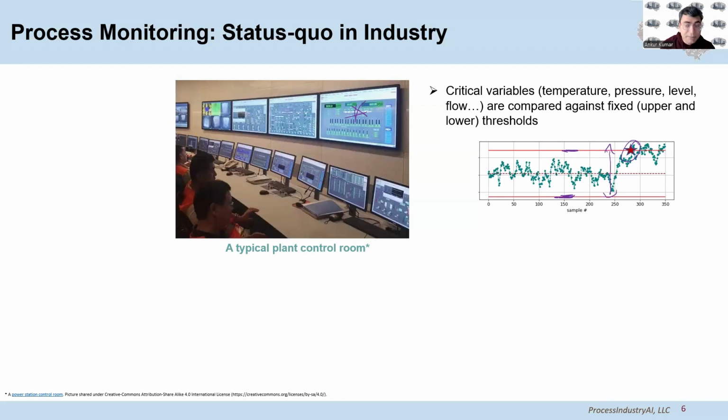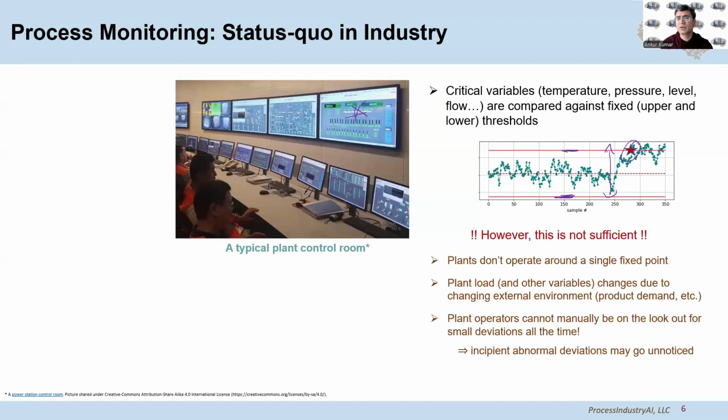Why? Because your plant does not operate around a single nominal point all the time. Your plant load will change, maybe because your product demand is changing. And because of that, other process variables will change significantly. Let me just draw a few diagrams here.